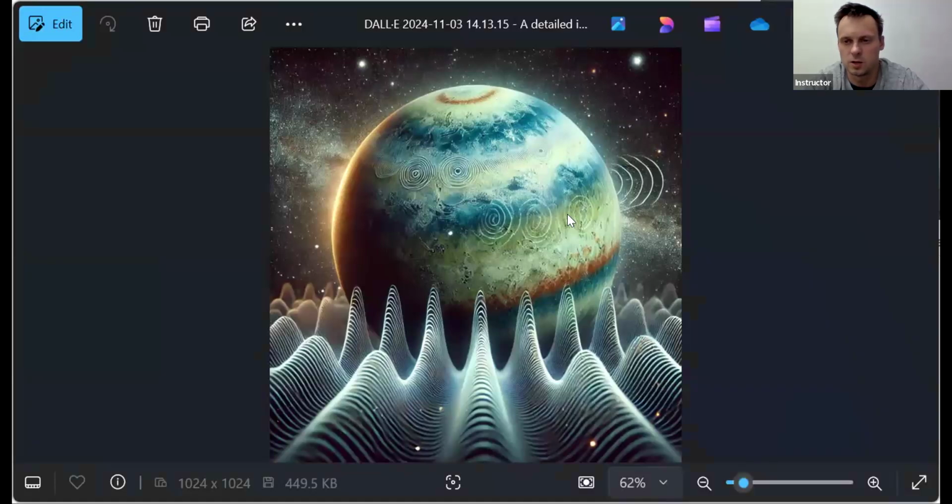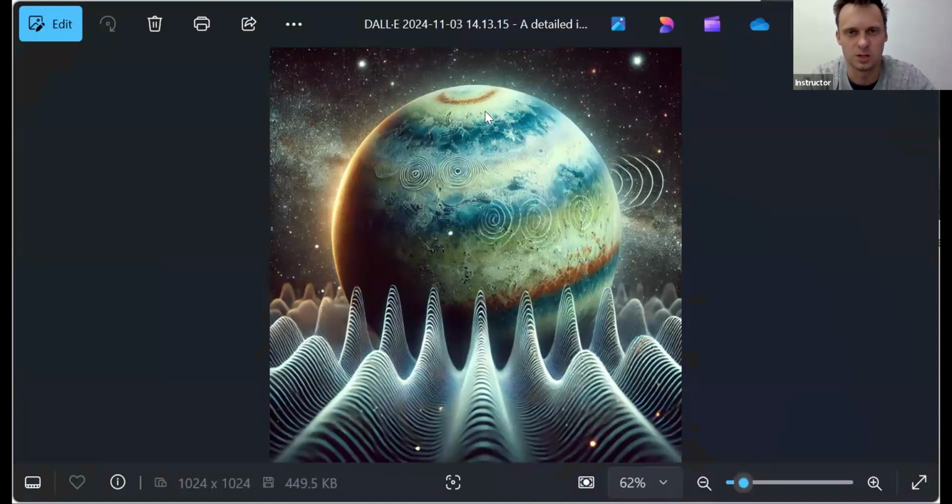So again, here's my quick AI image of what I was visualizing. My visualization was a little bit different, but nonetheless, it basically gets the point across. There is a planet. There are some kind of waves inside the planet, according to the passage, and they were trying to use that to figure out what it's composed of. Unfortunately, it wasn't enough, and it seems like this method will fail.